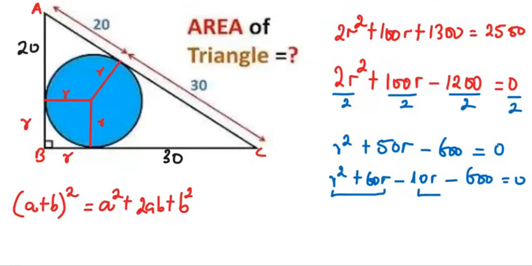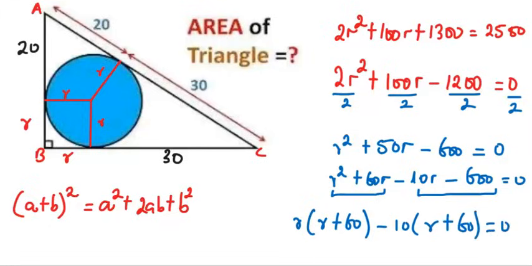We factor out the common factor here, which is negative 10. So R into bracket, this is going to be R plus 60. Then minus 10 into bracket, this is going to be R plus 60. So this is equal to 0. So this is factorized as R plus 60, multiplied by R minus 10, and this is equal to 0.